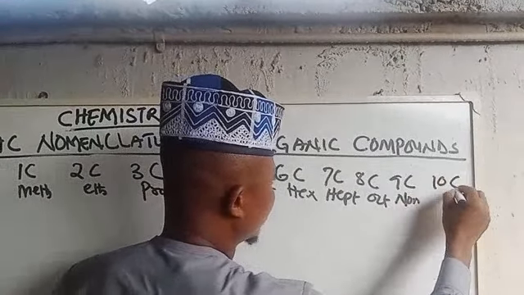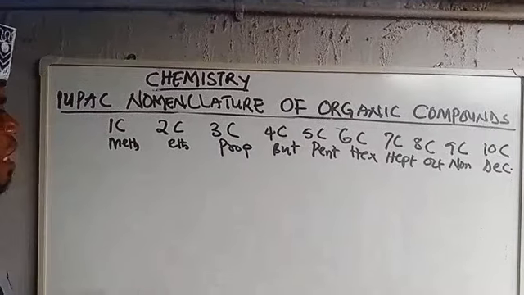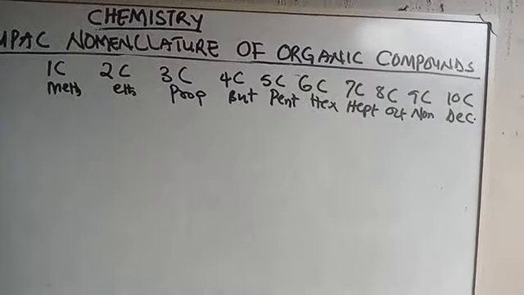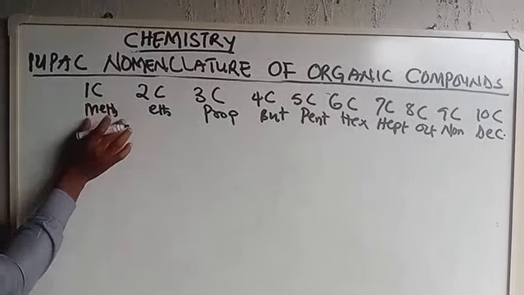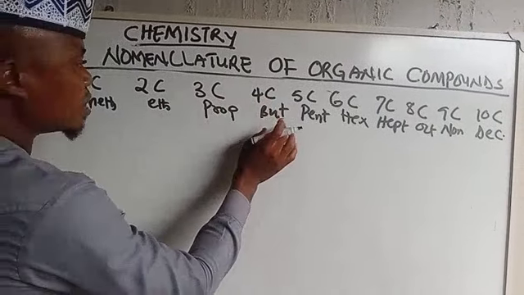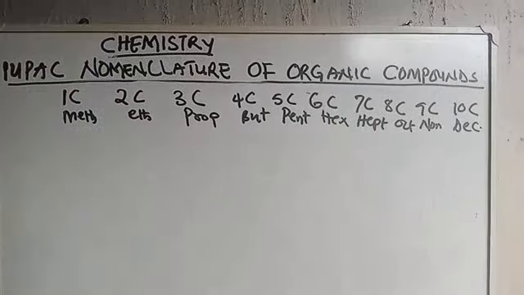And 10 carbon, dec. So this is how you'll be naming every other organic compound from this. A compound that contains 1 carbon is met, 2 carbon et, 3 carbon prop, 4 carbon but, 5 carbon pent, 6 carbon hex, and so on and so forth till you get to dec.